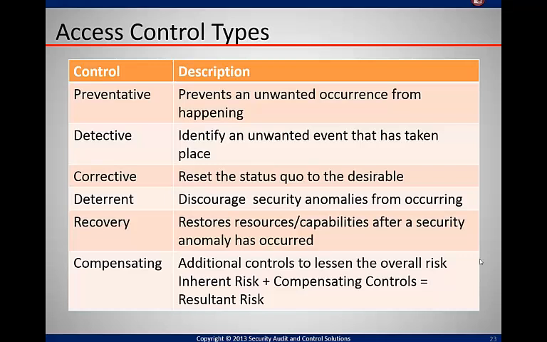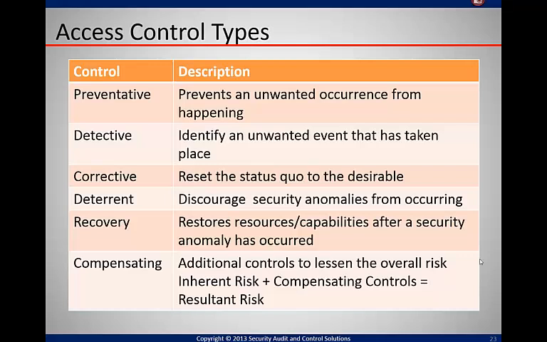And finally, recovery controls. These restore resources and capabilities after a security anomaly has occurred. There are also compensating controls, which are additional controls to lessen the overall risk. So inherent risk with compensating controls would equal resultant or residual risk.